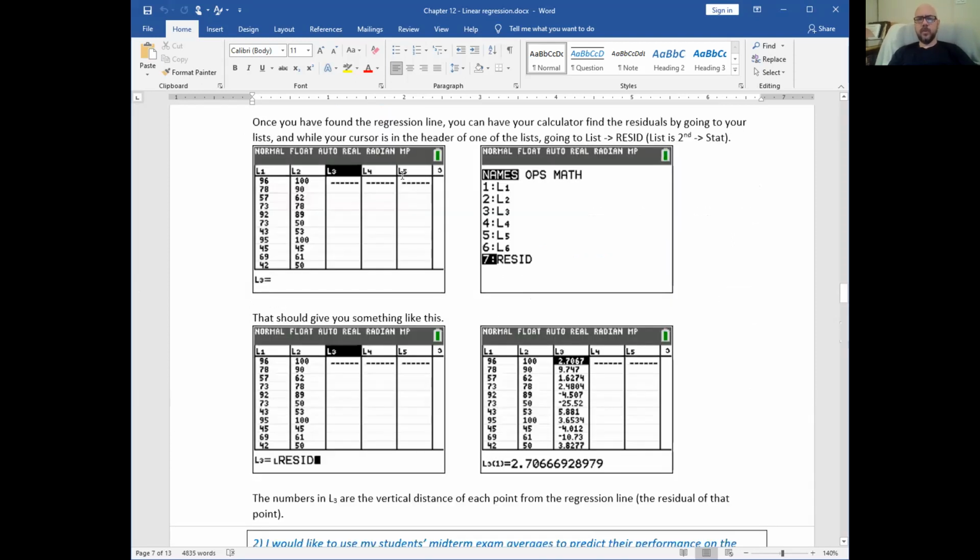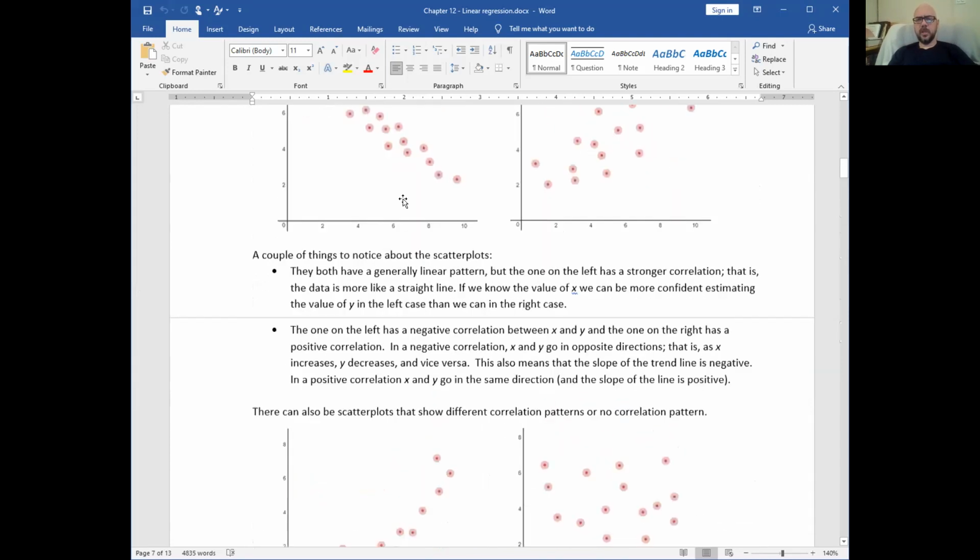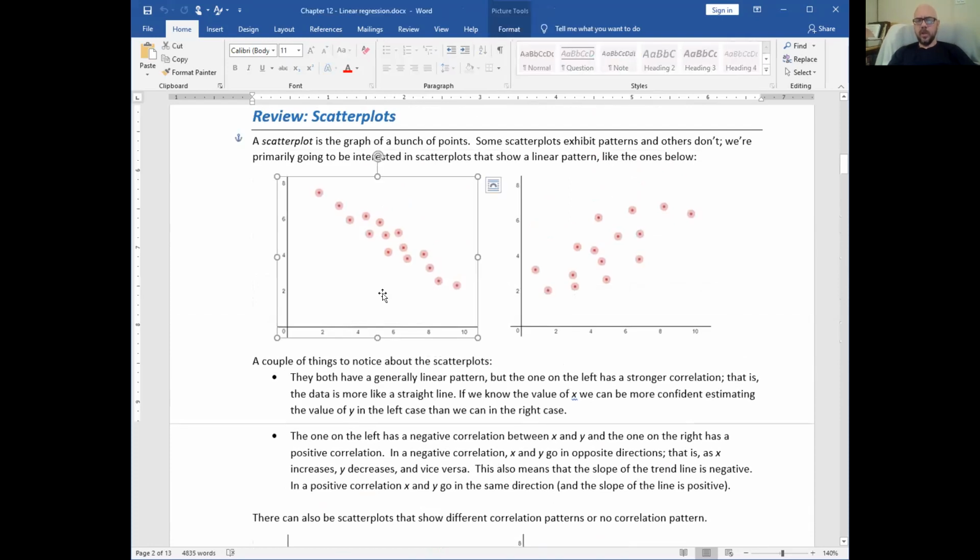Remember up here, we mentioned that some data is more strongly correlated than others, right? So here, X and Y, the variables, are more strongly correlated than they are here. This is roughly what we have with our test data, our midterms and finals. This is more tightly correlated than that.